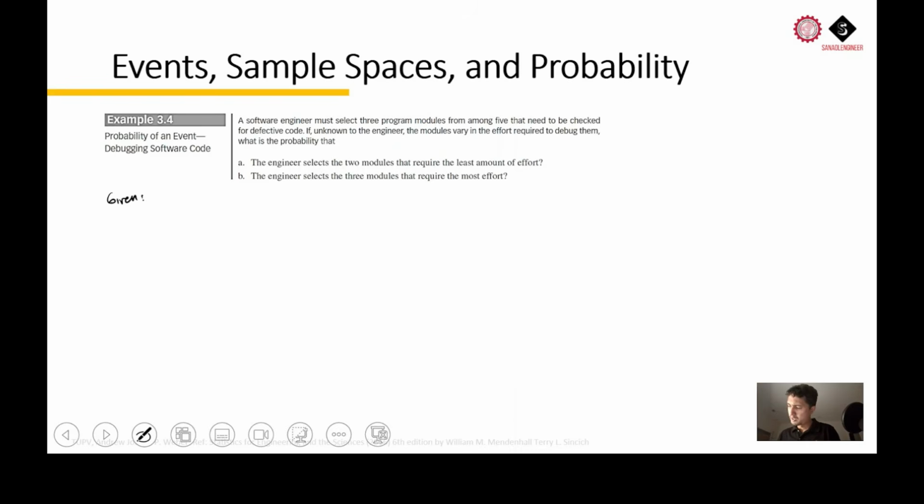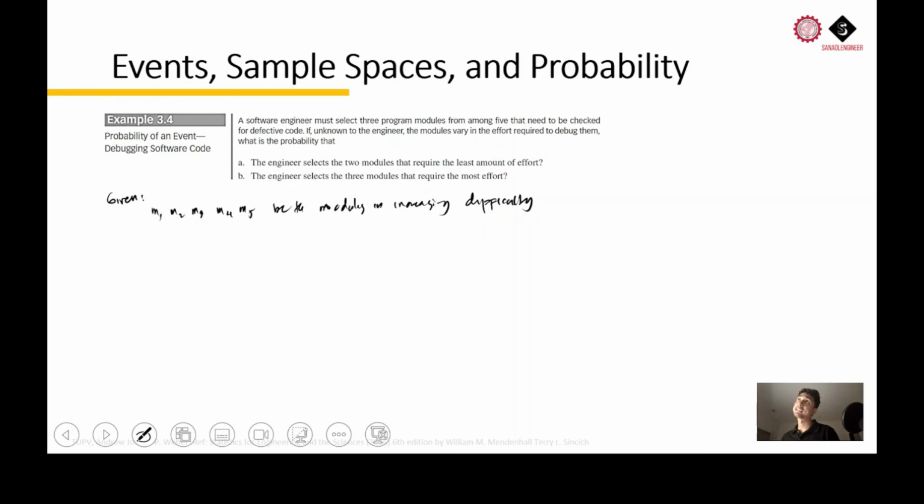So we have M1, M2, M3, M4, and M5 be the modules in increasing difficulty. Okay, so that's for the first step.